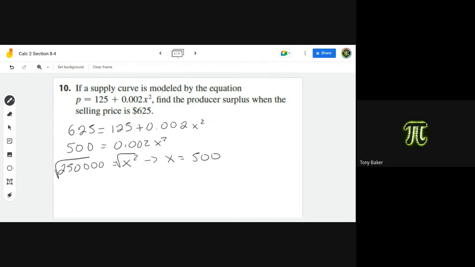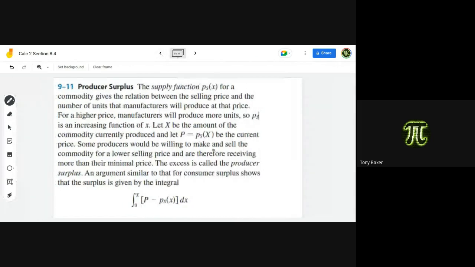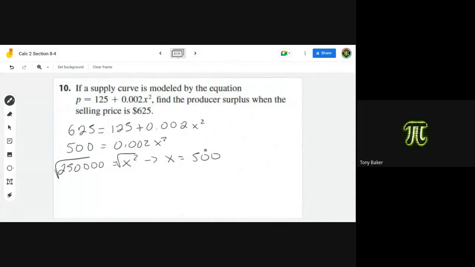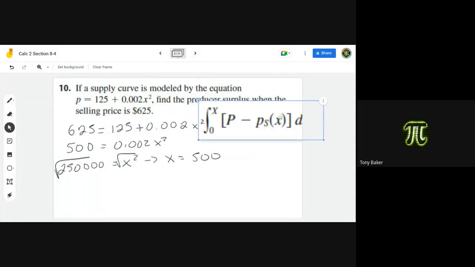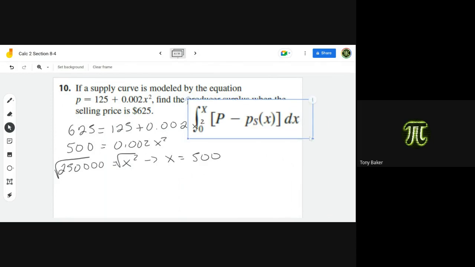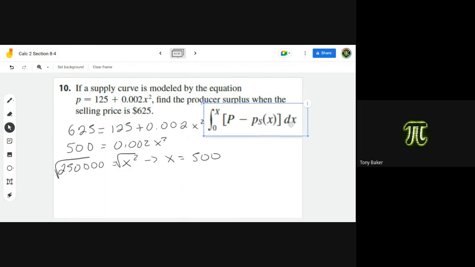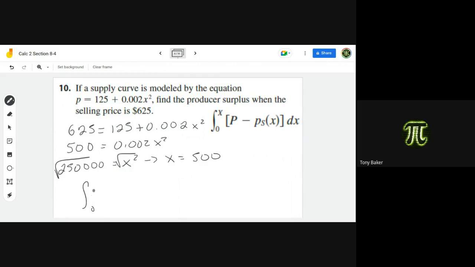All right, so remember my integral for this one? My integral is going to be from 0 to 500. The price is 625 minus the 125 plus 0.002 x squared.